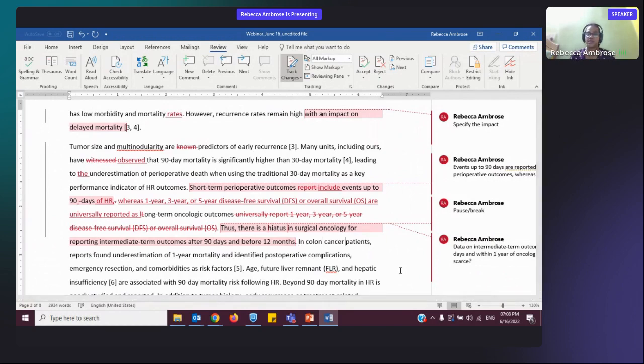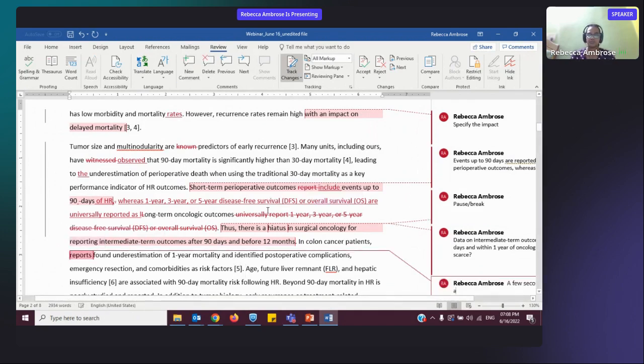And then they move on to say in colon cancer patients, reports found underestimation. Now it says reports, but they've only cited one study. So should this be study reported, because they've only cited one study, or if they want to retain the plural form, then they'll have to cite more studies over here.